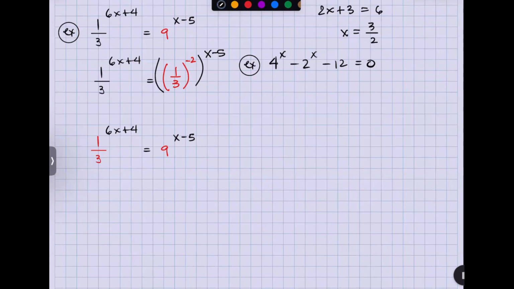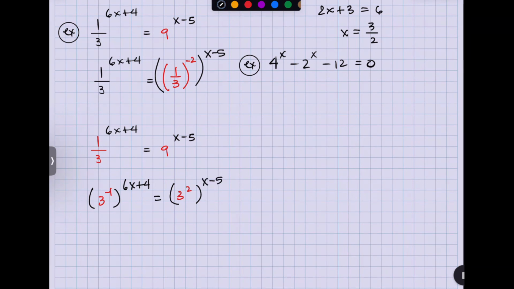Because I can write this side here as 3 to the negative 1 power, and this one here as 3 squared raised to the x minus 5 power. Either way, I'm going to get to the same exact x value. Same equation, actually. Almost the same equation, I should say.